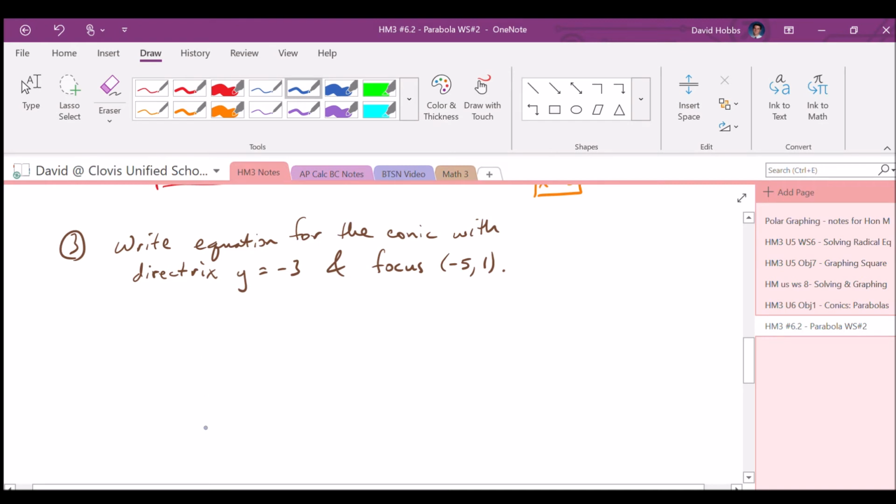So, sketching the situation. So directrix y equals -3, horizontal line, y equals -3, focus -5, 1, so -5, 1.